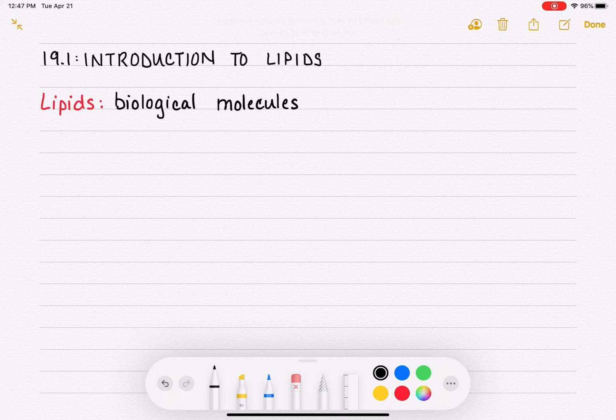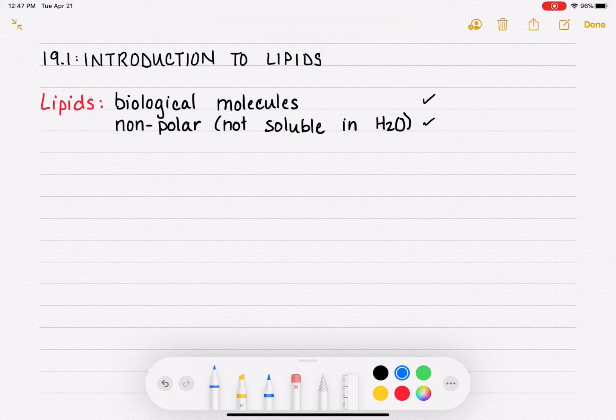And also lipids are non-polar molecules, which means that they are not soluble in water. These are the two criteria for being classified as a lipid. You have to be biological and you have to be not soluble in water. If you meet both of those criteria, then you are a lipid.